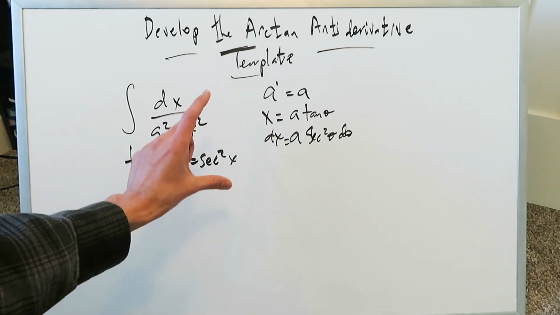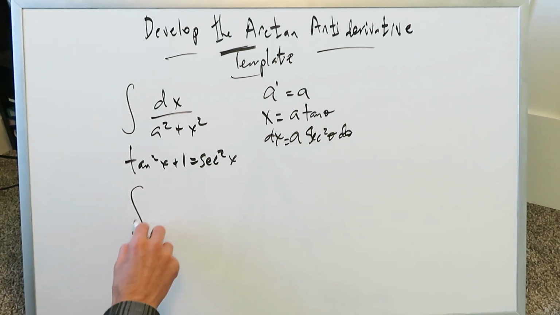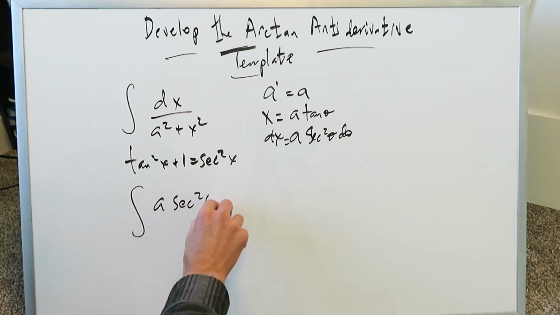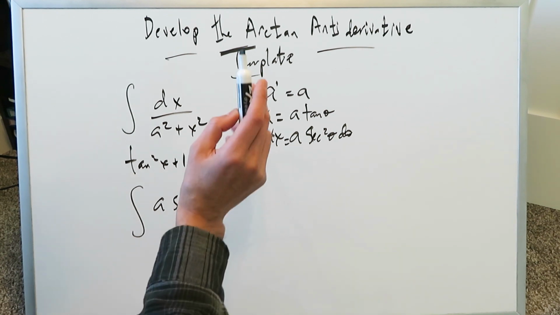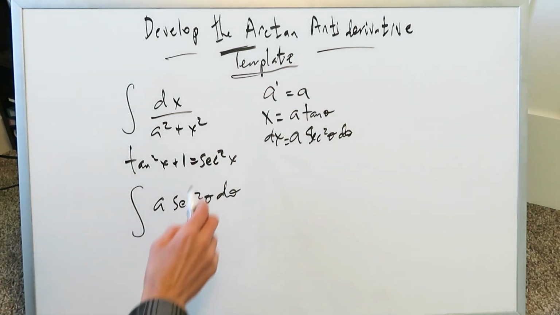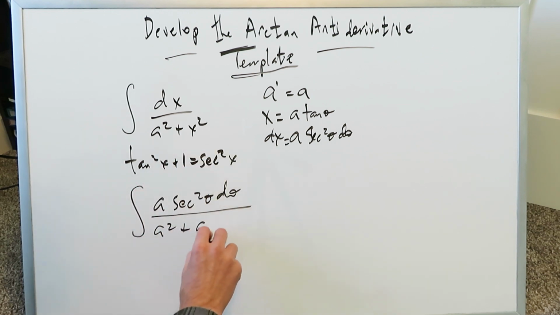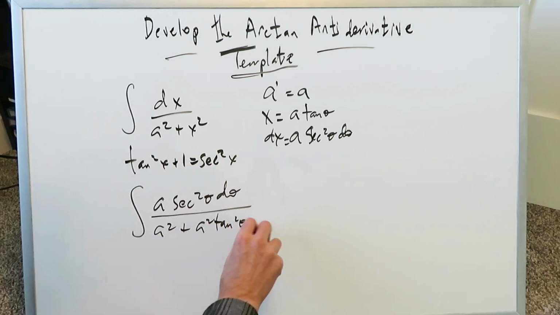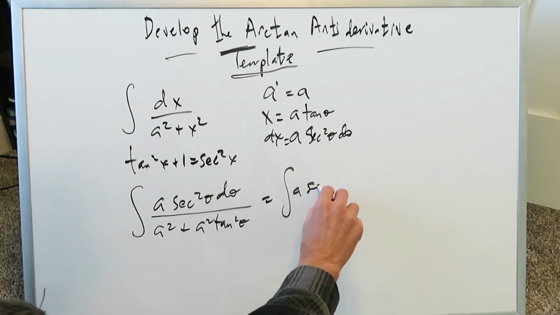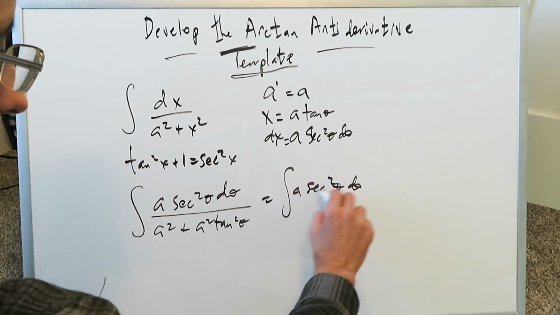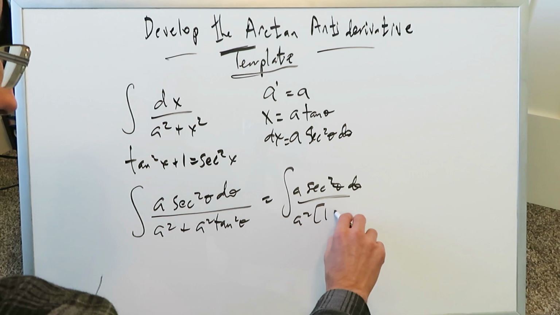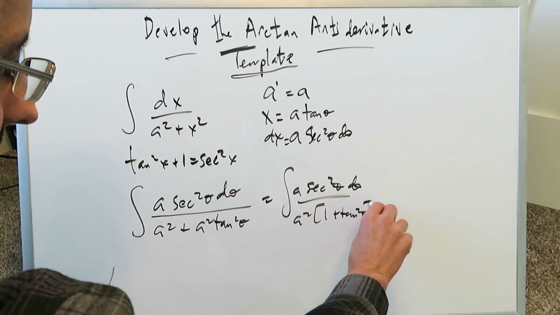You'd put all of these items into this integral, and everything will come into effect momentarily with regards to that template formation. Remember, we're looking here at the template derivation, and then here in the denominator you'll have a squared plus a squared tan squared theta. You would isolate from this denominator the a squared, and then you're looking at 1 plus tan squared theta.